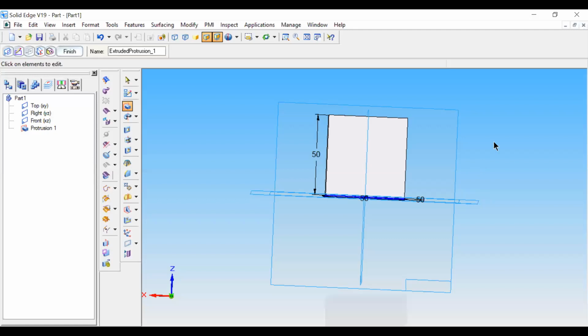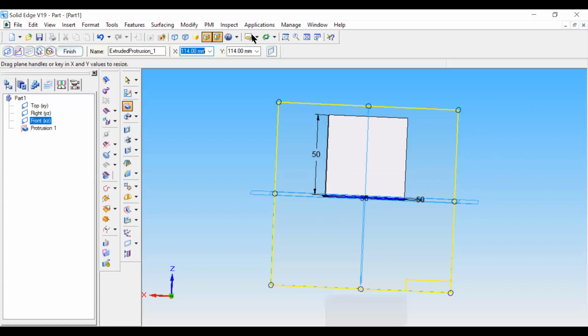Now I have a cube of 50 by 50 by 50. So this is the cube having length 50, width 50, and breadth 50. Now what I am showing you is the front view. In the front view, the length is 50 mm and the height is 50 mm. So this 50 and 50 are both true lengths.